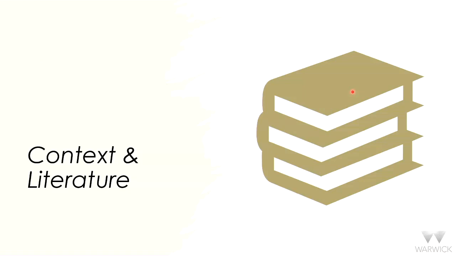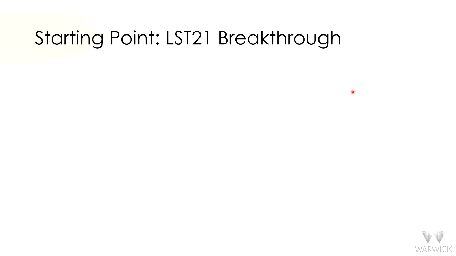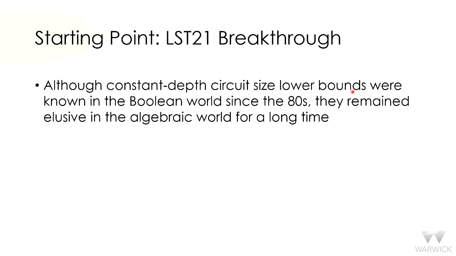All right, so let's talk about the context. Here's the starting point, which is a very recent breakthrough, for which the setting is as follows. Although, as you all know, constant depth circuit lower bounds were known in the Boolean world since the 80s, they actually remained elusive in the algebraic world for a very long time.